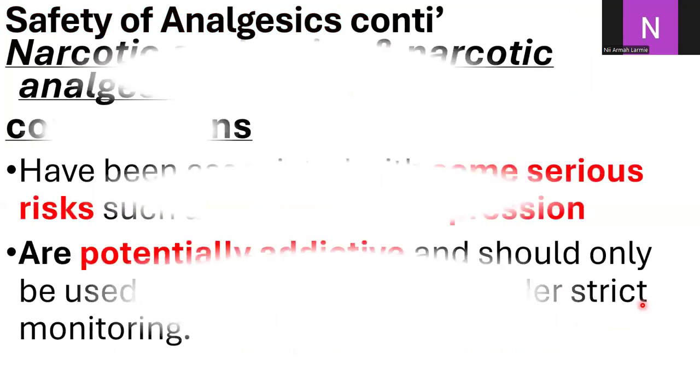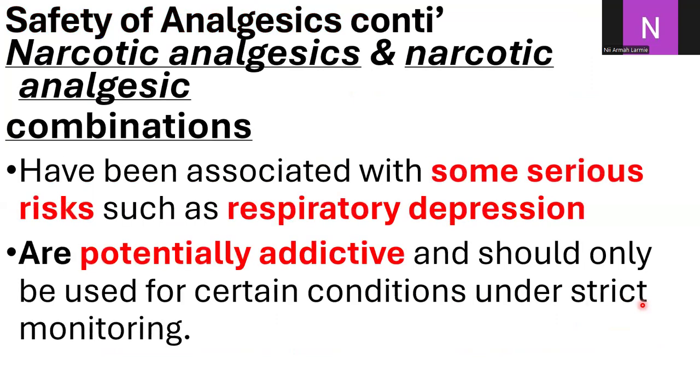Now, when you take narcotics, whether it's narcotics or narcotic combinations, it's also important to know that narcotics have been associated with some risks, such as respiratory depression or CNS depression. Now, the specific CNS depression that is most dangerous is respiratory depression or arrest. This actually is responsible for deaths, for example, that are seen with narcotic analgesics.